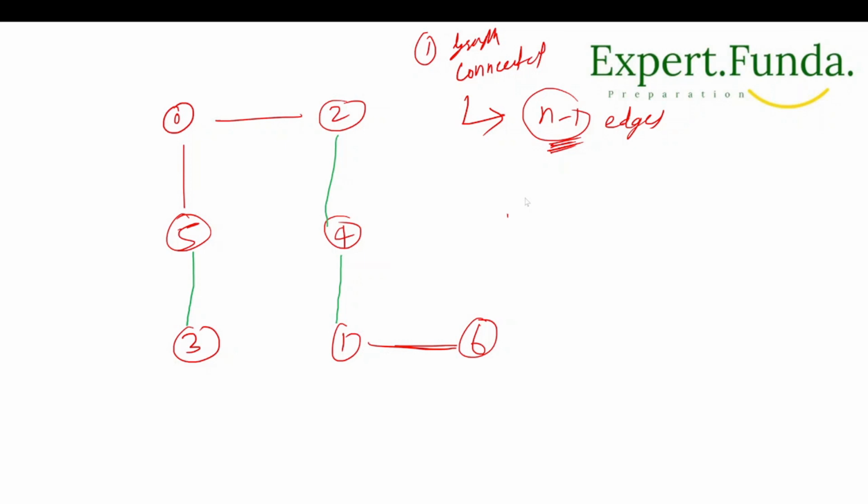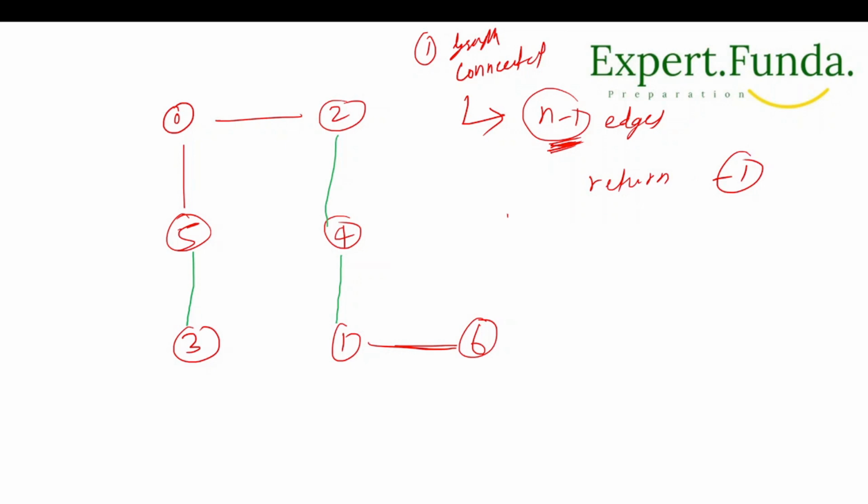The very simple answer. Now we will return -1 if the number of edges in the graph is less than n-1, right? We will return -1 as the answer.